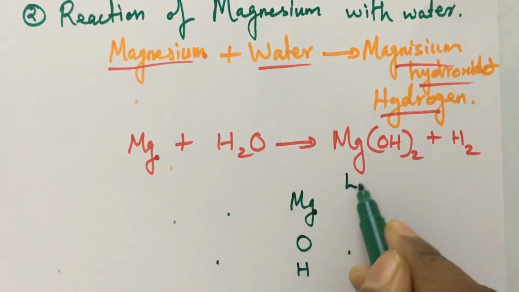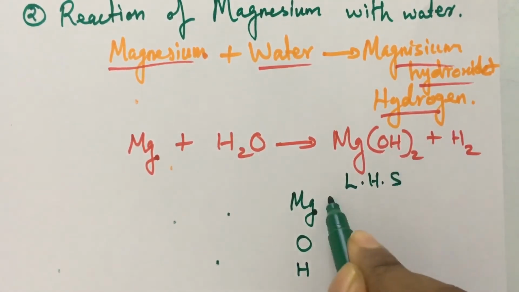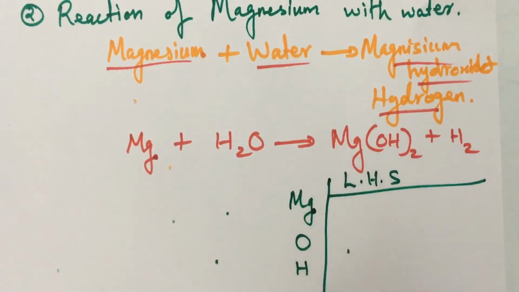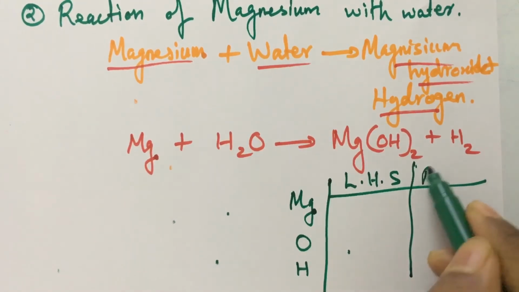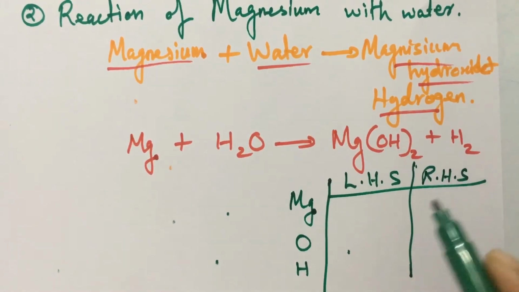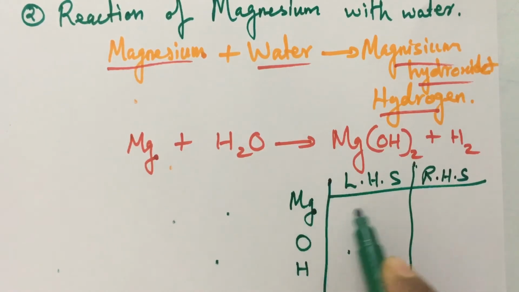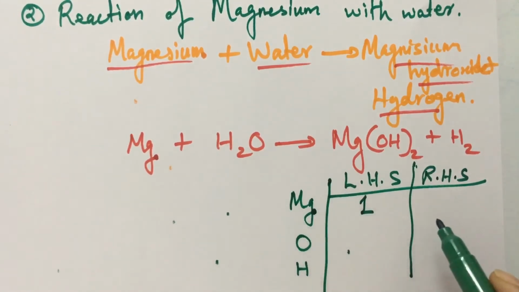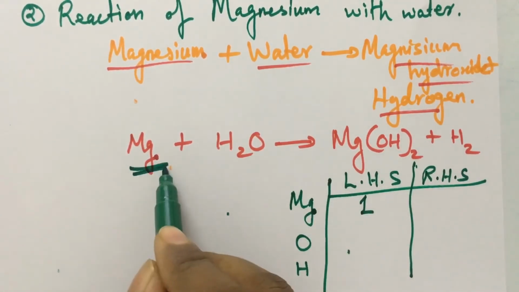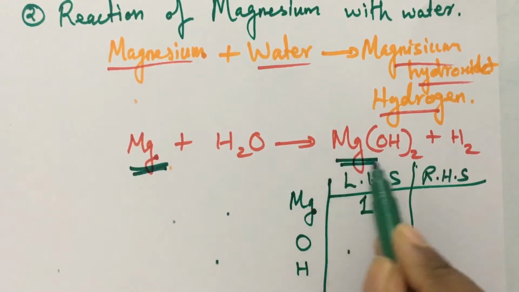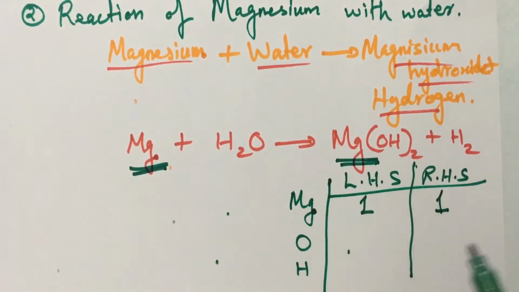In the LHS and RHS we shall write the counts. LHS means left hand side and RHS means product side, that is right hand side. Mg we have 1 on the left hand side, and on the right hand side also we have 1 Mg, correct?